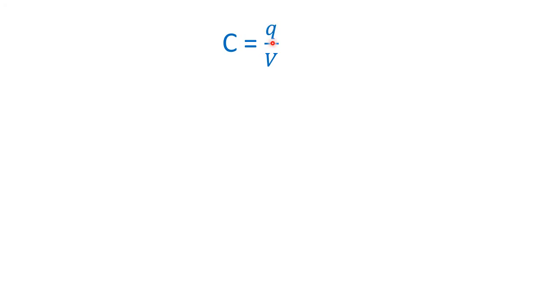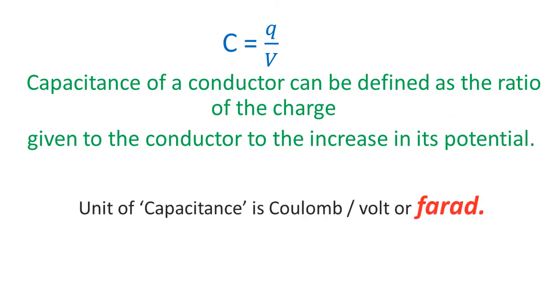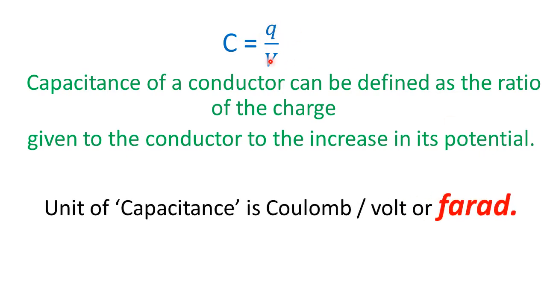It is the ratio of charge given to the conductor to the increase in its potential. What will be its unit? Its unit is coulomb per volt, which is also called farad. Actually, farad is a very large unit of capacitance. In general, we use picofarad, nanofarad and microfarad.